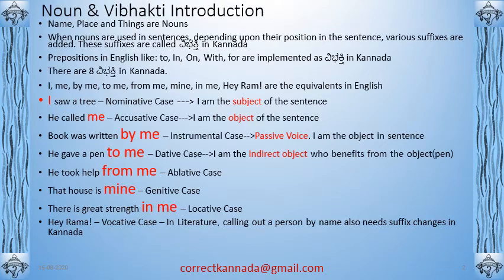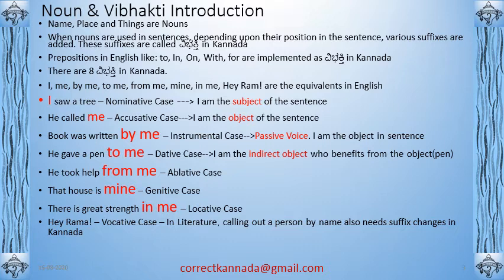Let's look at it. Okay, so what are nouns and what is Vibhakti? Nouns are basically name, place, and things, are called nouns in English. When these nouns are placed at various positions within a sentence, then depending upon their position, a certain suffix needs to be added to the noun in Kannada, and this is called Vibhakti.